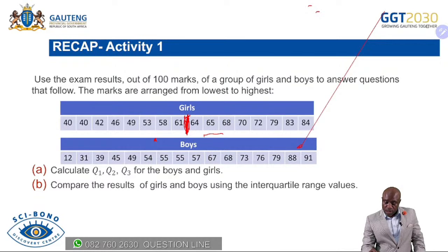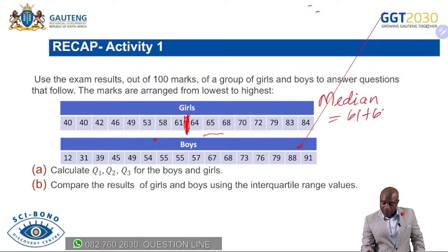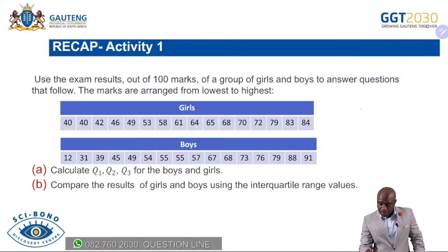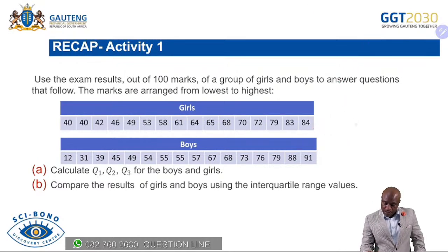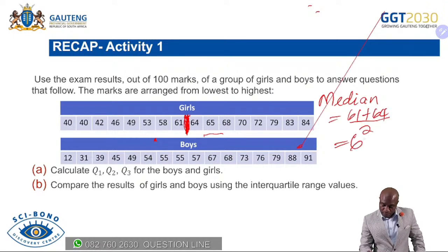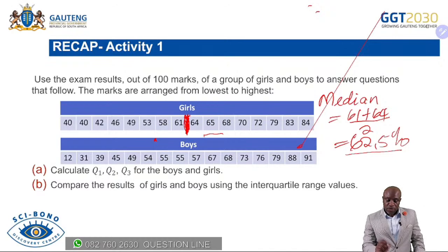We'll add 61 plus 64 and then divide by 2. And the answer there is 62.5%. So the median for the girls was 62.5, and that gives you the Q2.